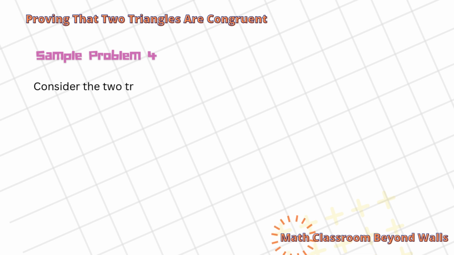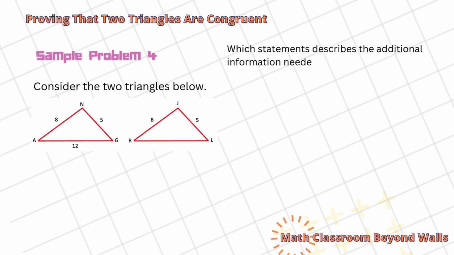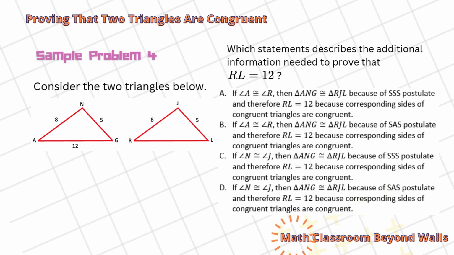Consider the two triangles below. Which statement describes the additional information needed to prove that RL equals 12? Option A, if angle A is congruent to angle R, then triangle ANG is congruent to triangle RJL because of SSS postulate, and therefore RL equals 12 because corresponding sides of congruent triangles are congruent.